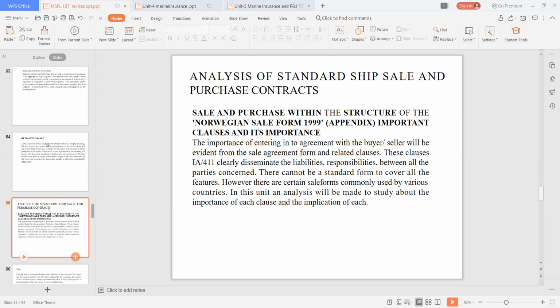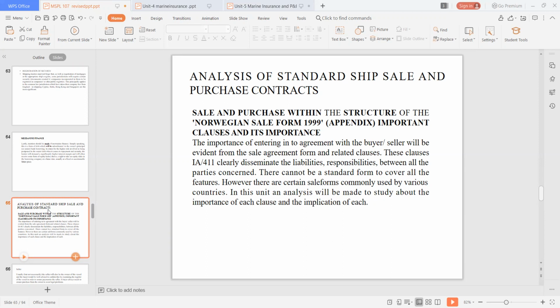The importance of entering into an agreement between the buyer and seller will be evident from the sale agreement form and related clauses. These clauses clearly delineate the liabilities and responsibilities between all the parties concerned.